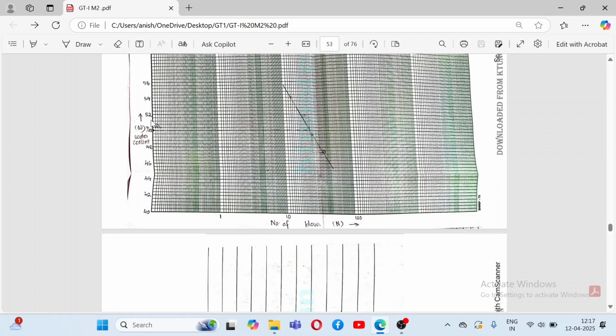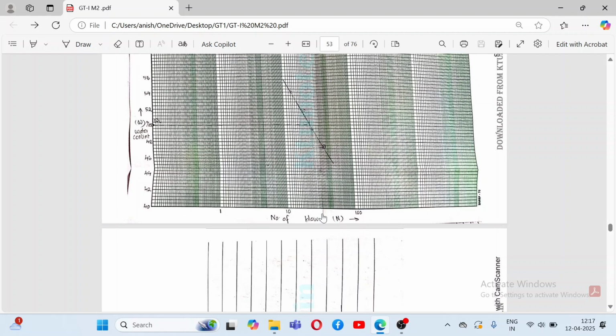So randomly you can take a water content W1 here and draw down, that is N1 for W1, and then one more value you take, W2, with corresponding N2.